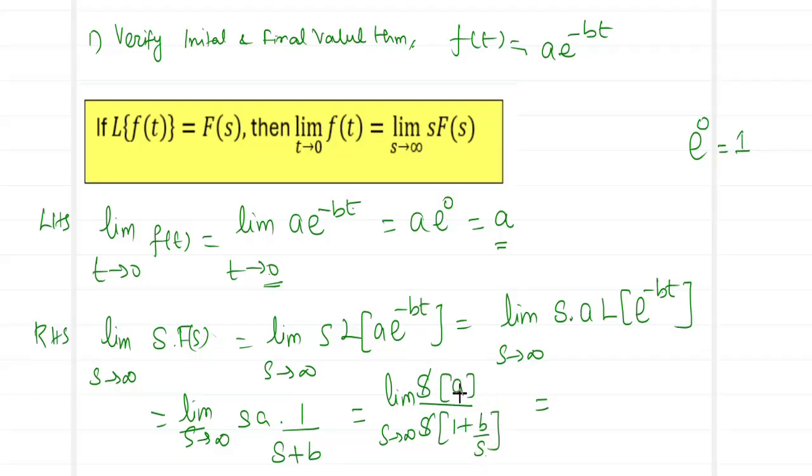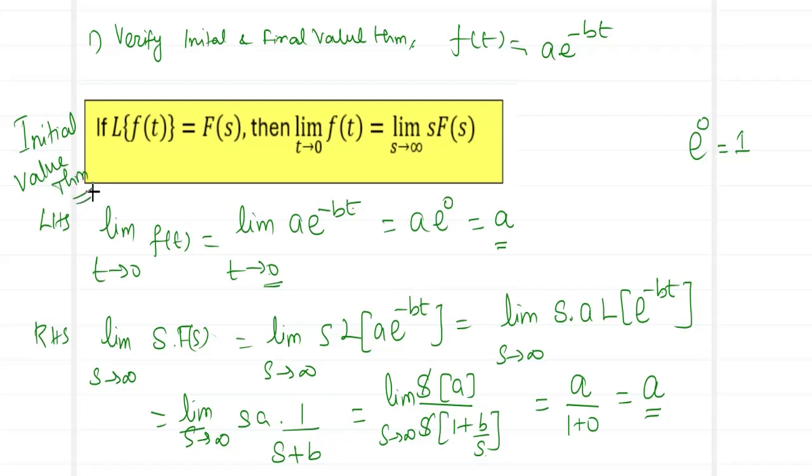There is no s in the numerator, so we have a divided by 1 plus 0, which moves towards a. So this is my right hand side. I have verified that LHS and RHS are the same, and this is verified for the initial value theorem.